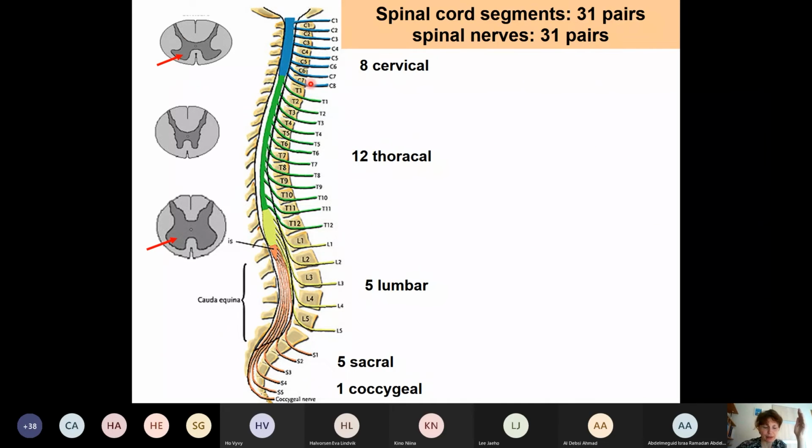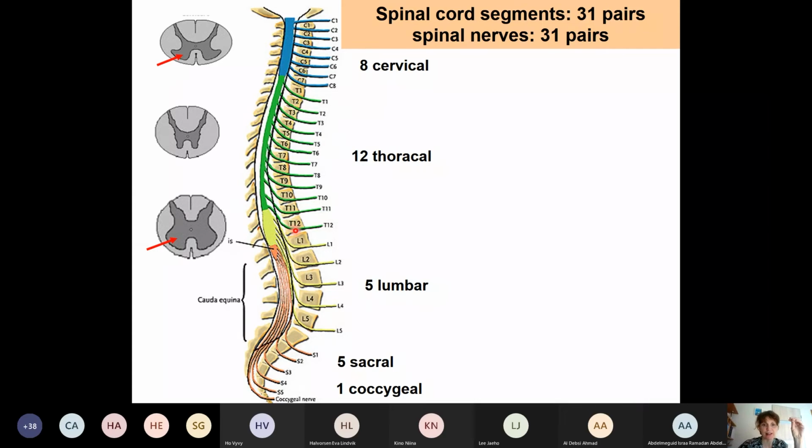If you remember, we only have 7 cervical vertebrae, but as you can see, the first cervical nerve exits between the atlas and the occipital bone. So that means that in the cervical part, the nerves always exit above the vertebra, and then the last nerve will be that nerve which exits under the C7, yes.